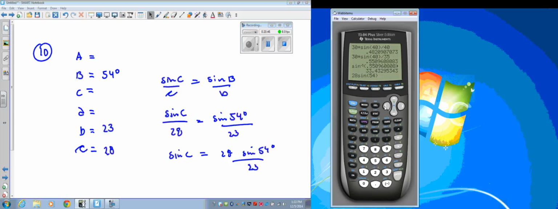Wonder if I might have to put a times in there to be safe. Now, I'll write this out because what I'm getting is sine C approximately equal to 4.985.